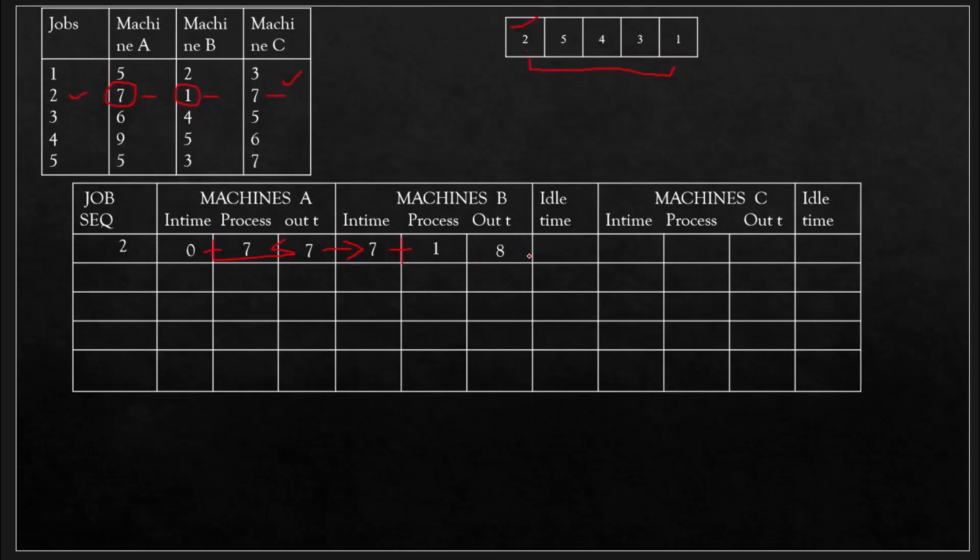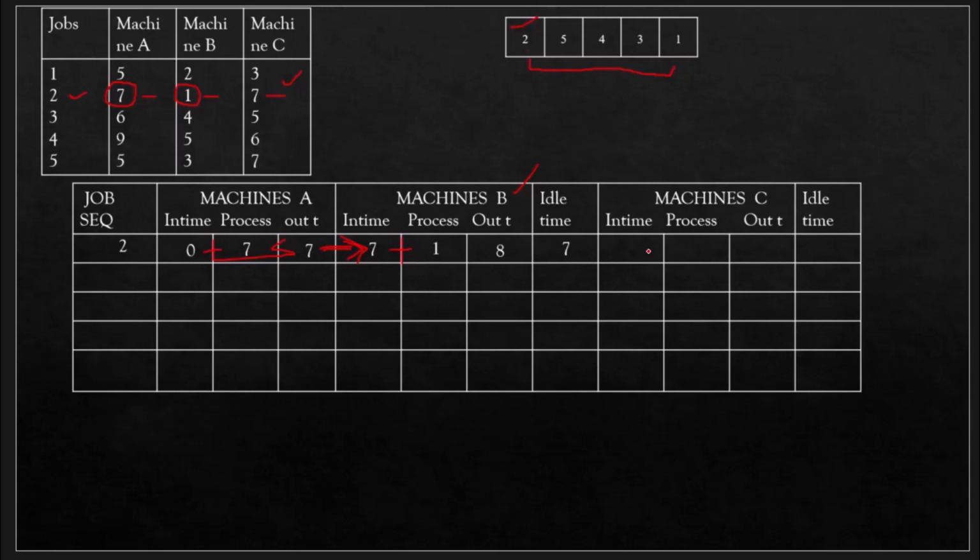Here we also want to identify the idle time, meaning machine B without any work. Until machine A was processing the product, machine B was idle, because we only gave the input at the 7th hour. So the 7 hours is idle time, and we make 7 hours the idle time.